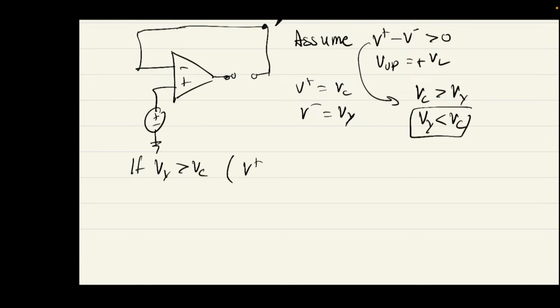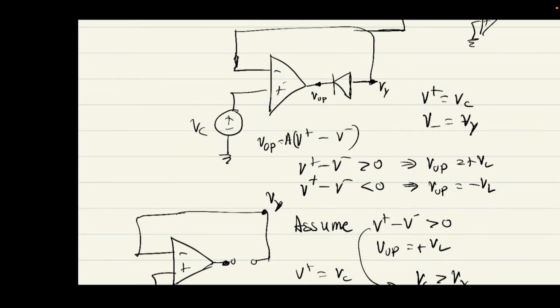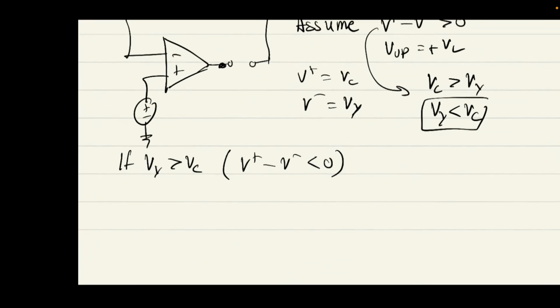In other words, if V plus minus V minus is smaller than 0, the output of the amplifier goes down, it gets smaller. And you have some not small voltage on the input of the diode. So basically you'll have a voltage drop across the diode. The diode will be forward biased, there will be a current that flows through it. You can treat it like a short circuit.